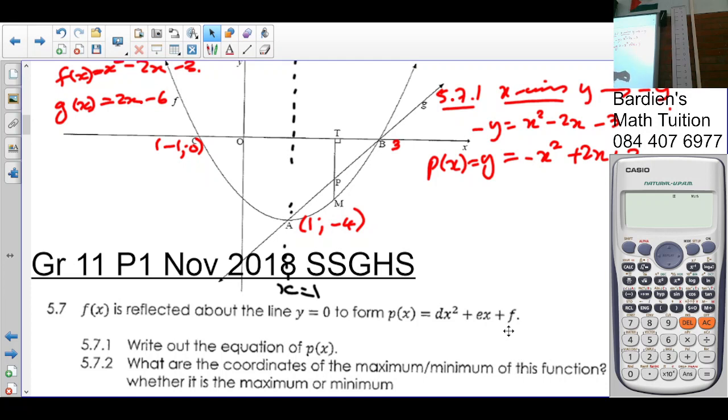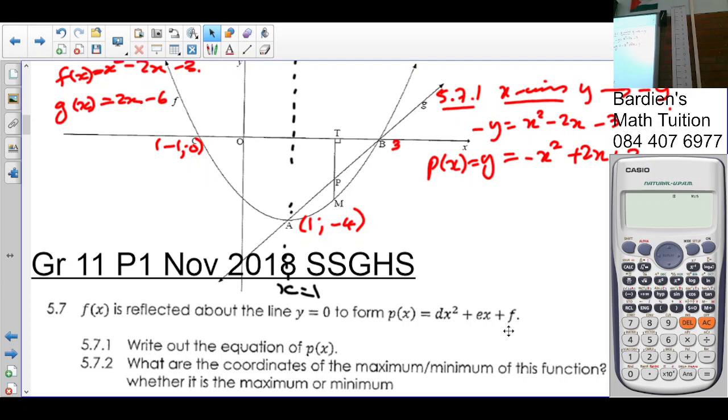We use b again, and that means the b values are the same and the c values are the same. That is why you will see dx squared plus ex plus f. Makes sense?